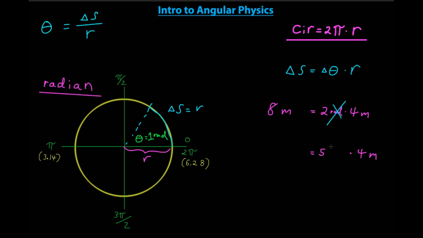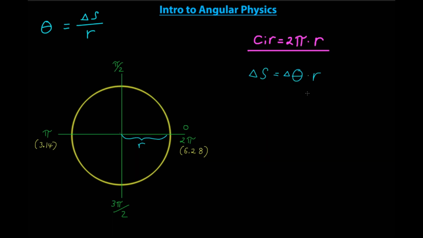As another example we're about to talk about, if you had the unit radians per second and the radius was still 4 meters, in this case you would get 20. Again, meters gets multiplied by radians and radians is eaten. It is gone because it was never there in the first place. The important thing to note is that this equation allows you to convert from the linear variable of distance going around the circle to the angular variable of how much the object has turned in radians.